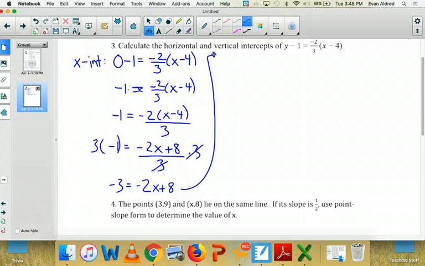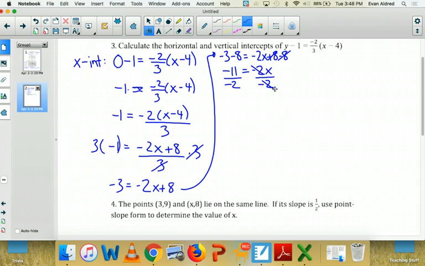Well, to do that, we're going to move our positive 8 over by subtracting 8 from both sides, which will give us negative 11 equals negative 2x.